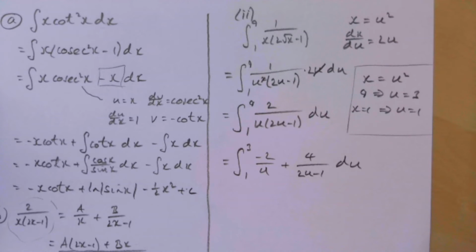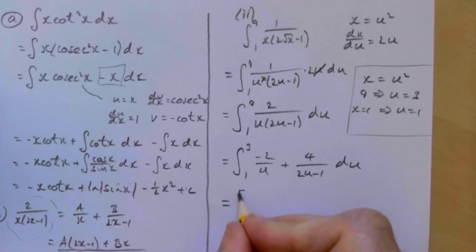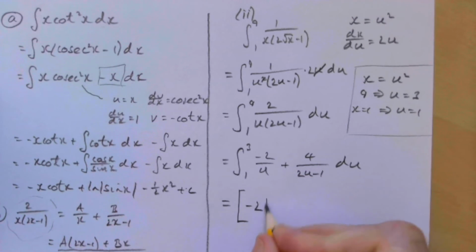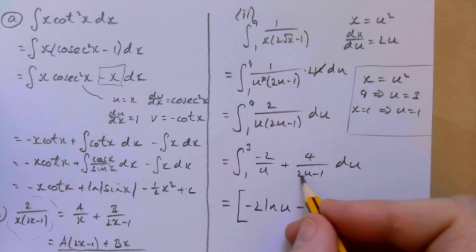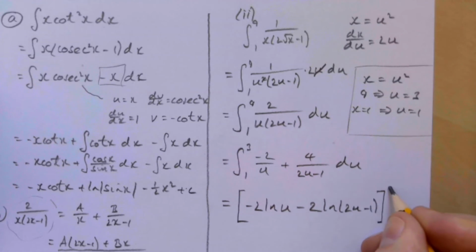So we're getting there. We can now integrate. So minus 2 over u is going to give you minus 2 ln u. This here we need to take out just the 2 bit. If you differentiate the bottom line, you're going to get 2, but we're on 4, so we take out the 2 there, so it's 2 ln 2u minus 1, and those then are between 3 and 1.